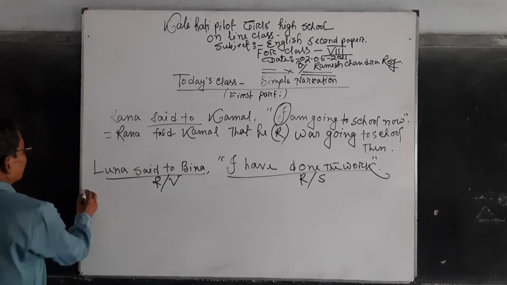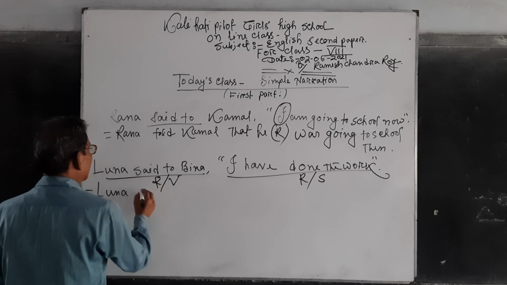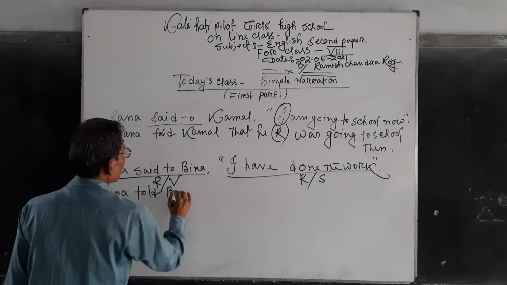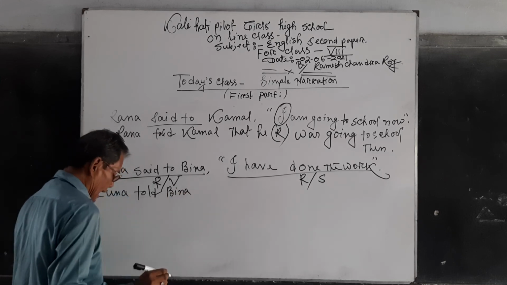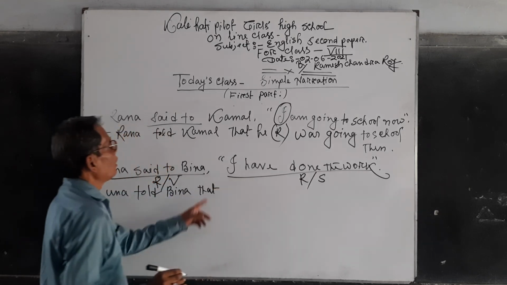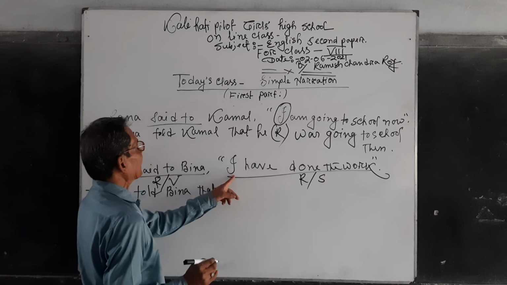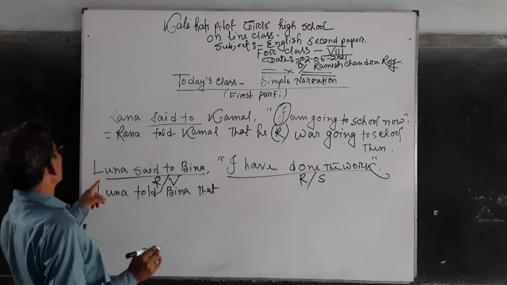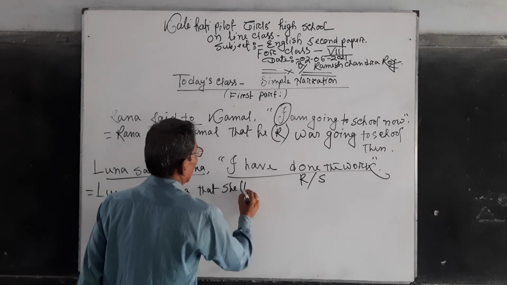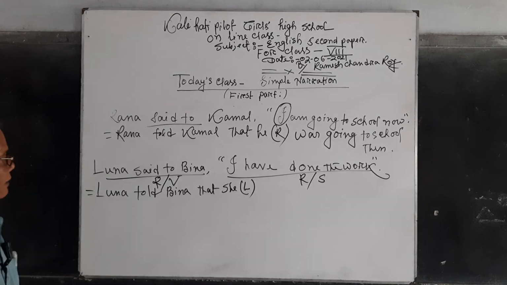And Luna said to becomes told Bina, conjunction that, and comma and inverted commas will be removed, and I, since I is Luna, becomes she.